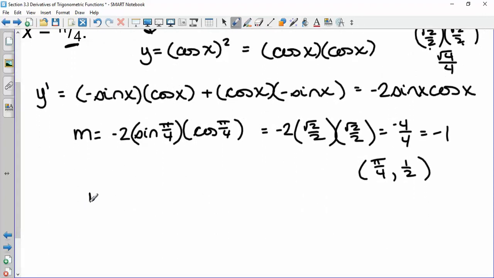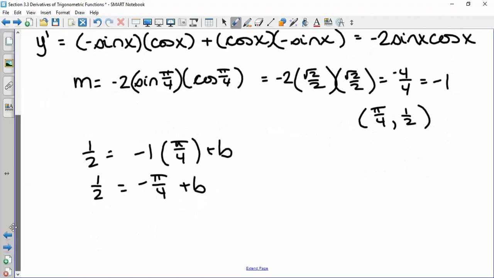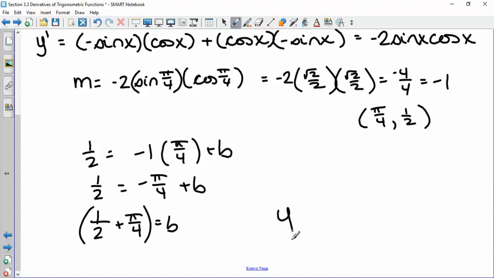So now if we plug into y equals mx plus b, it's not pretty, but it works. So our y-intercept is 1/2 plus pi over 4.